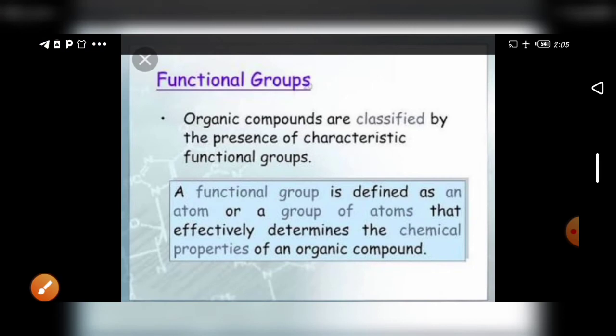What is meant by functional group? Organic compounds are classified by the presence of characteristic functional groups. A functional group is defined as an atom or a group of atoms that effectively determines the chemical properties of the organic compound.